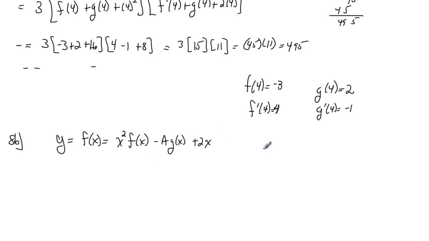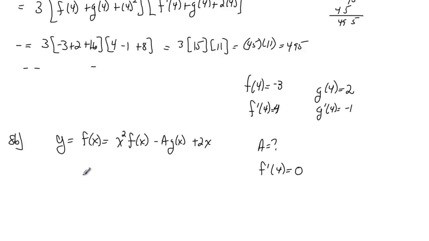So we want to find the value of a. We're looking for a value of a, and we know one specific crucial circumstance, the slope of the curve, so we know f prime of 4 is equal to 0.